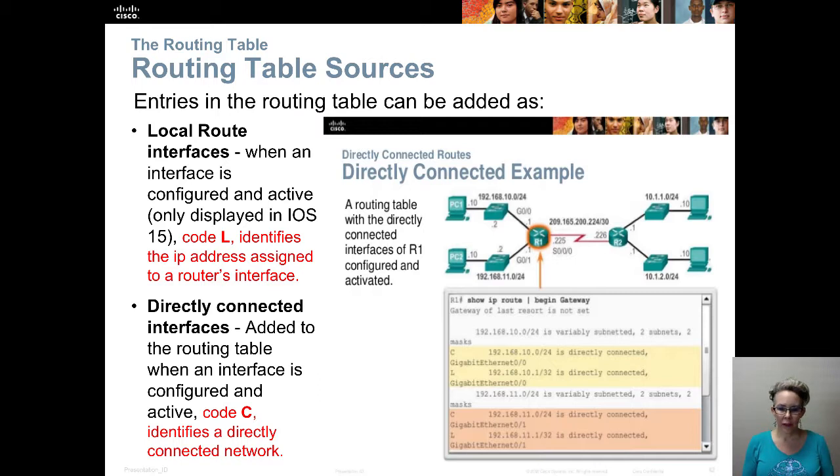So let's take a look then at the directly connected example for R1. Notice the C highlighted in yellow and the L highlighted in yellow. The C means that it is directly connected, and it's actually the network itself that's connected. L stands for link. Another word used for interfaces is link.